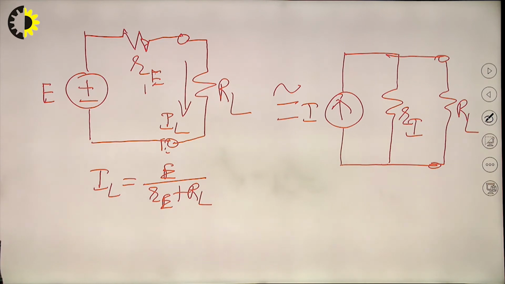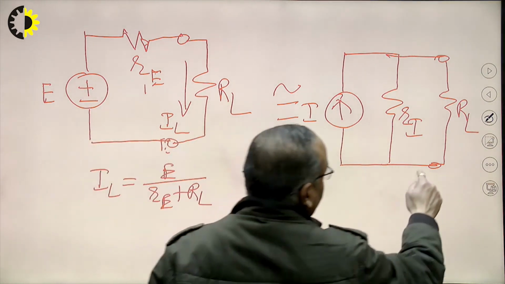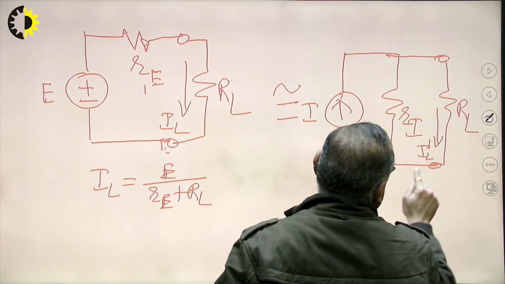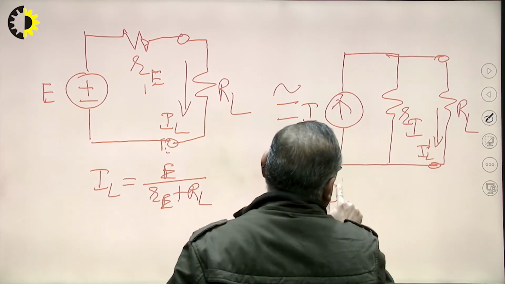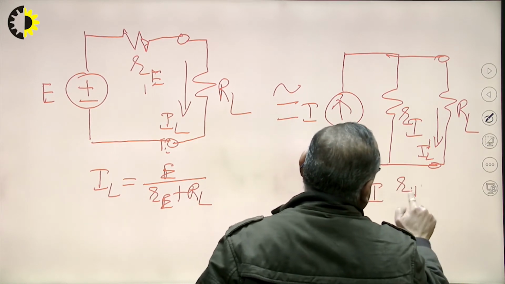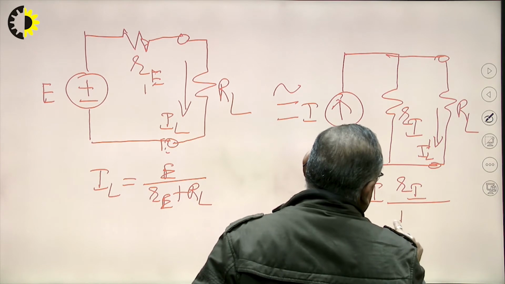So, here the current, suppose I am getting I L dash, can be written as I into R I divided by R I plus R L.